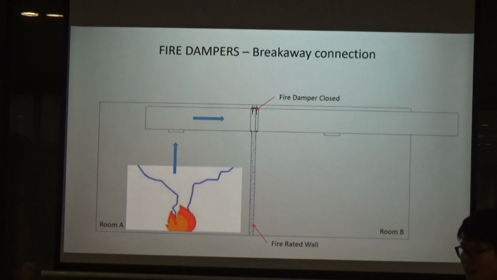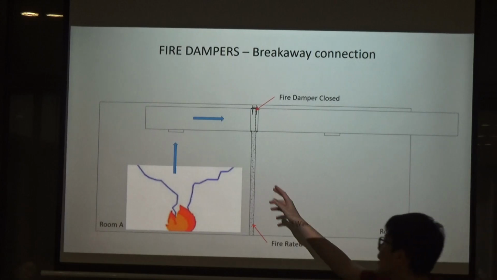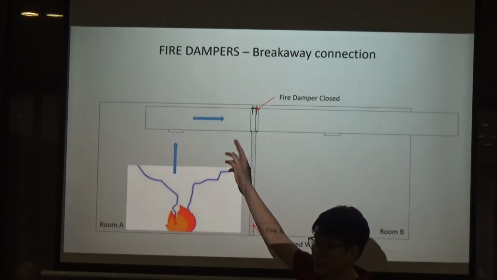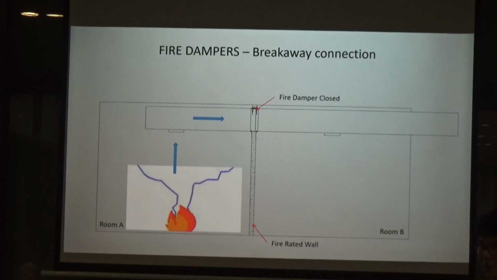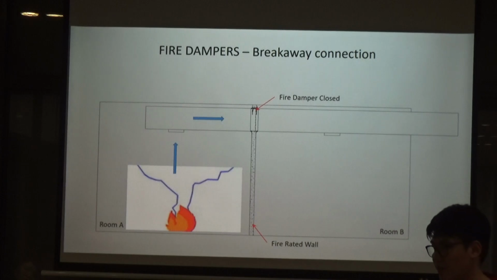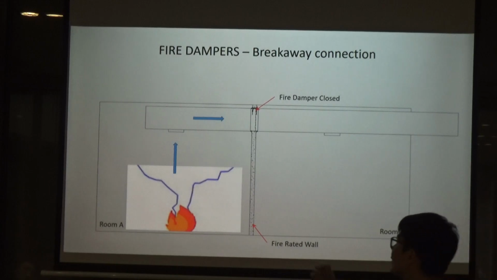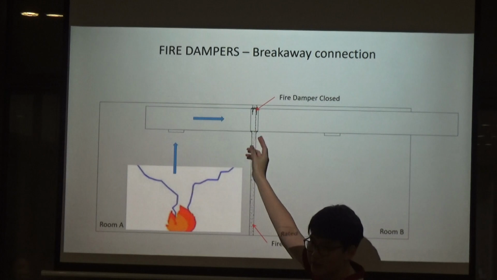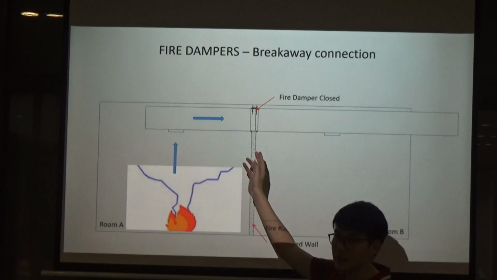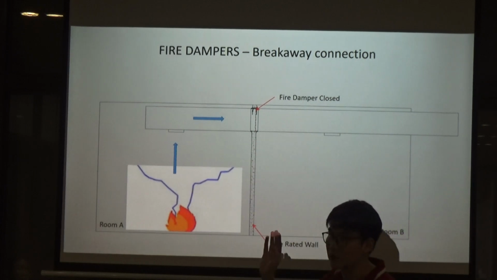So in case it falls off, we do not want it to pull the fire damper away from the wall. That's why the connection must be a breakaway connection. It means this ducting falls off, but the fire damper is still in place to protect the wall.